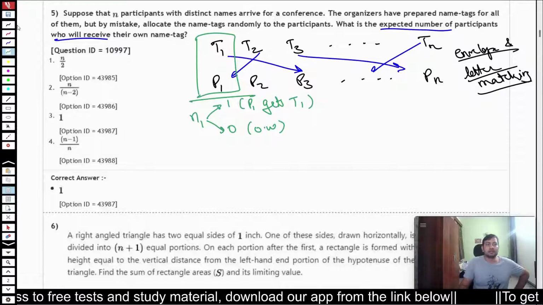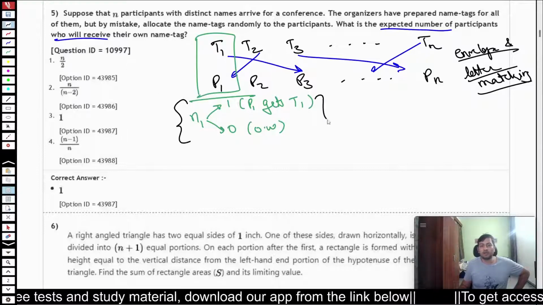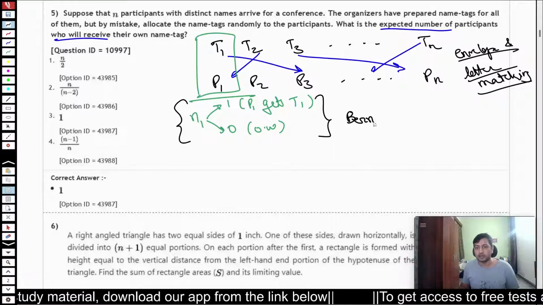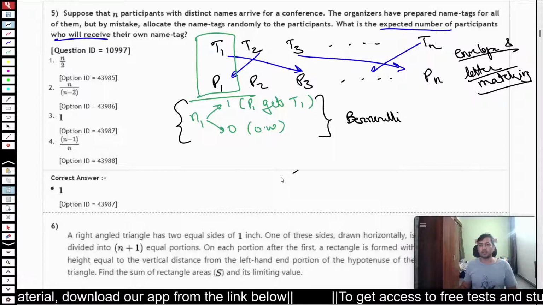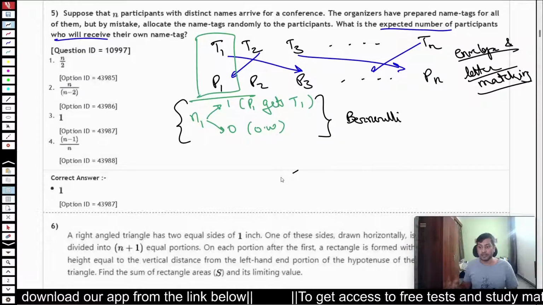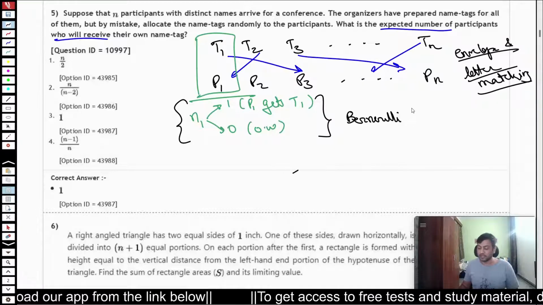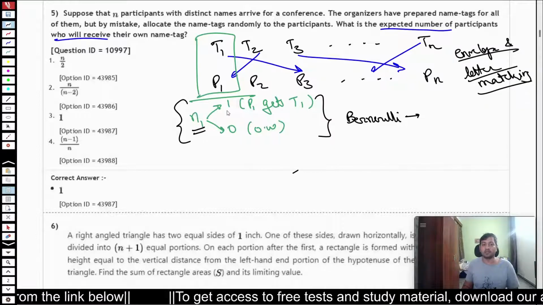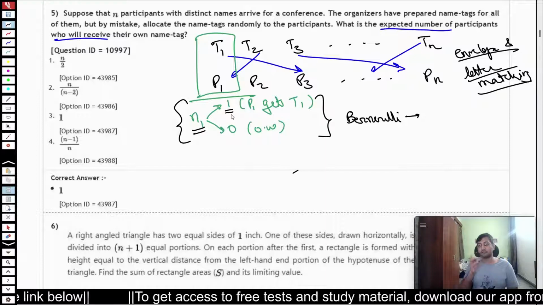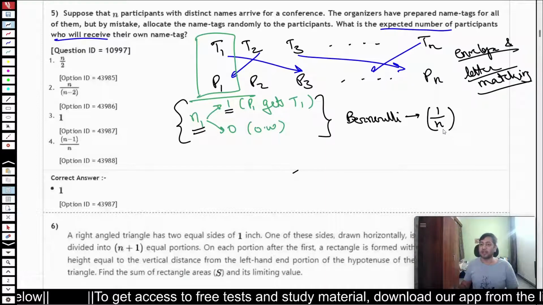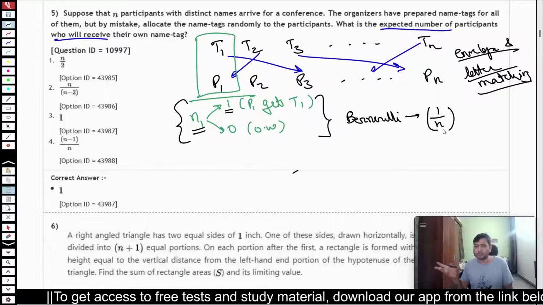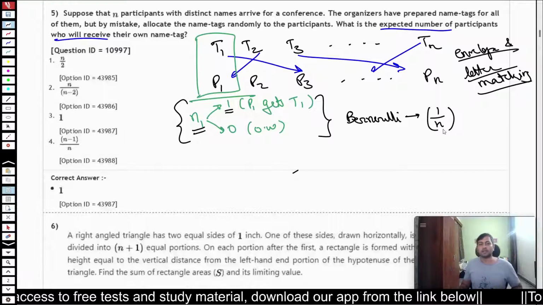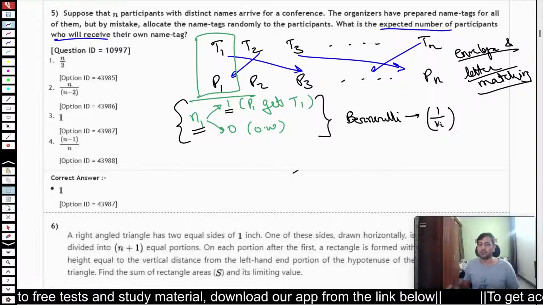Now what type of random variable is n1? n1 is a Bernoulli random variable. A Bernoulli random variable has a parameter p, which is the probability of it taking a value 1. So what is the probability that n1 takes a value 1? This probability is 1 by n, because the first tag could have gone to any of the n persons with equal probability. So the probability it goes to its actual owner, that is person 1, is 1 by n. So n1 takes a value 1 with probability 1 by n.